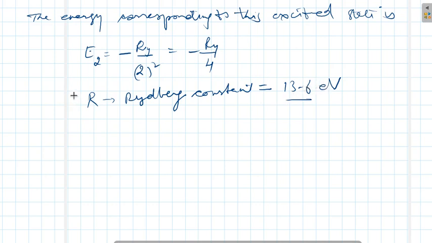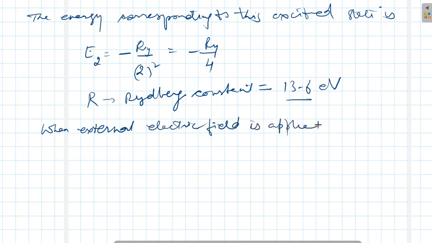And when an external electric field is applied, that is epsilon, and this electric field is applied along the z axis.